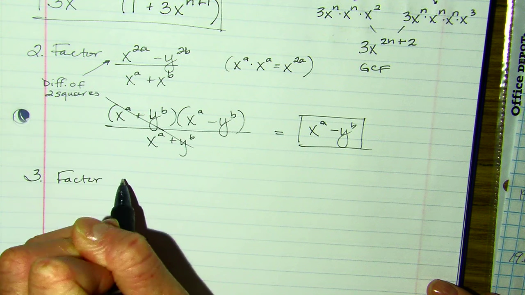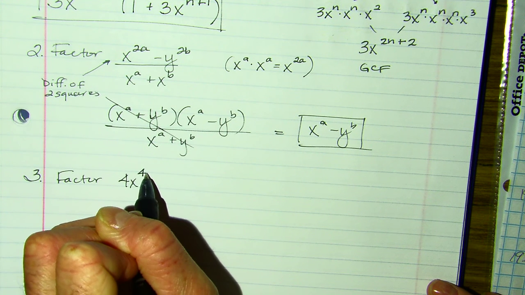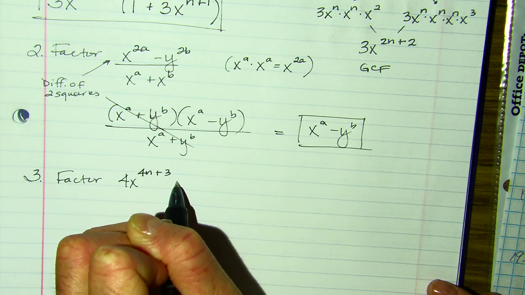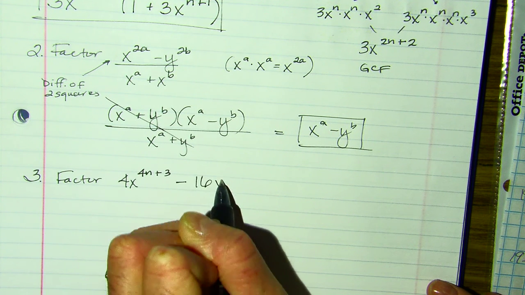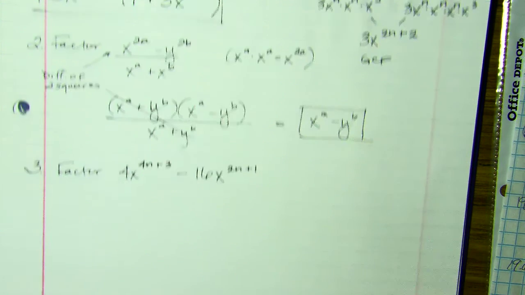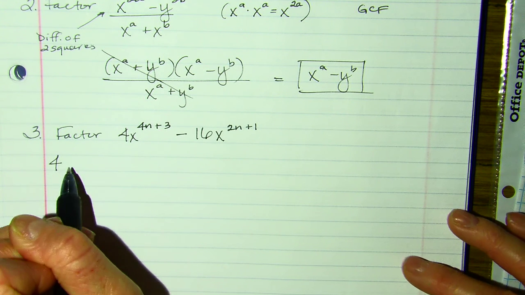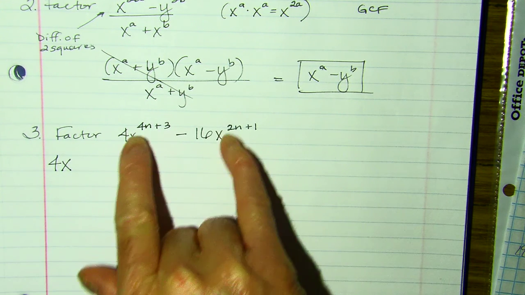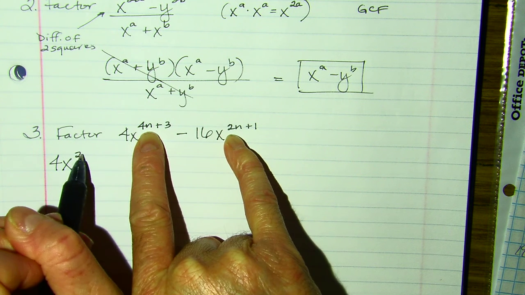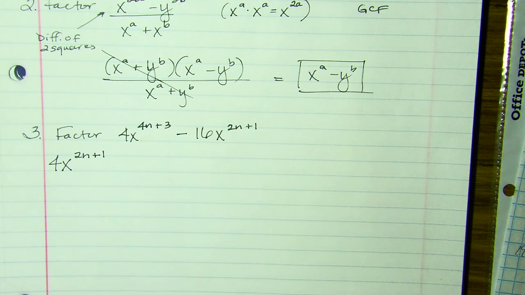Factor 4x to the 4n plus 3 minus 16x to the 2n plus 1. Okay, so let's try another one of these. Hopefully you can see I'm going to have a 4 and I'm going to have an x. What could I take out of here? I could take 2n out of each one. And here, the minimum I could take out is 1.